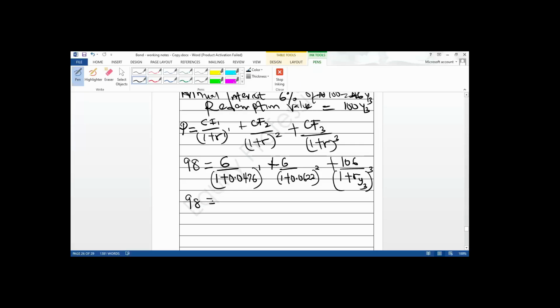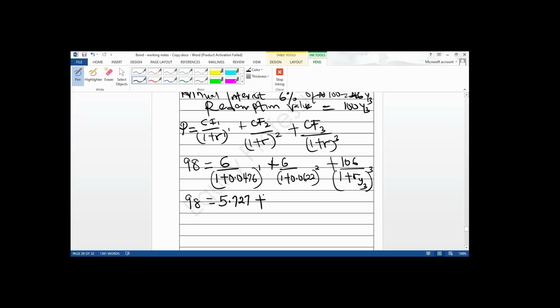Let's continue. 6 divided by 1.0476. Here you have 5.727. Please, you can do your calculation at home too. It's very important. Next. 1 plus 0.0622 raised to power 2.